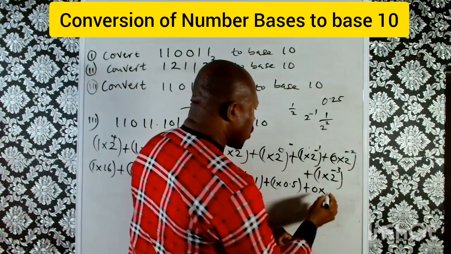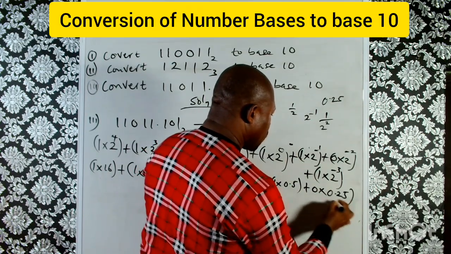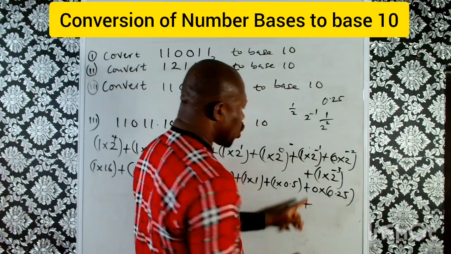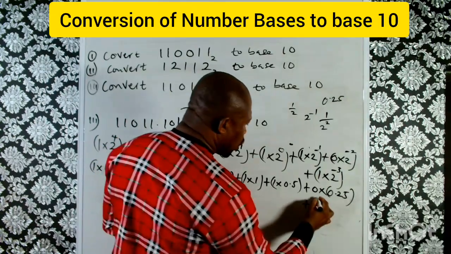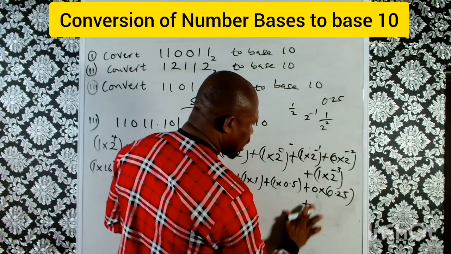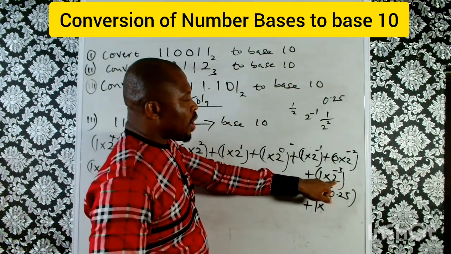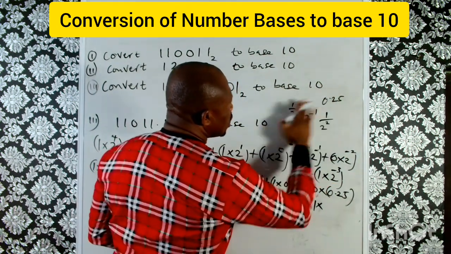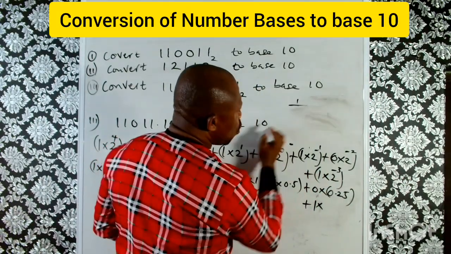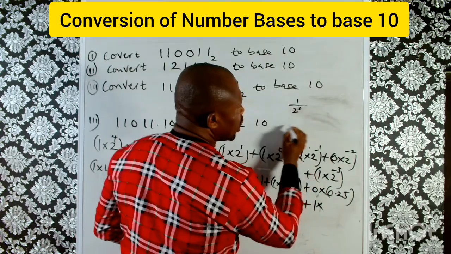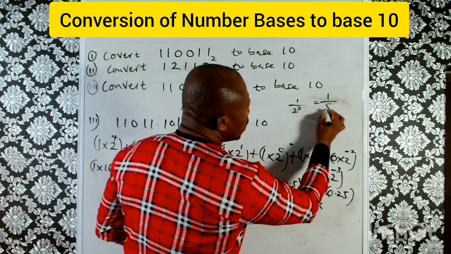Now we'll put it down here, times 0.25. Now the last one will be plus 1 times 2 raised to power negative 3, which is the same as writing 1 over 2 raised to power 3, and 2 cubed is 8.